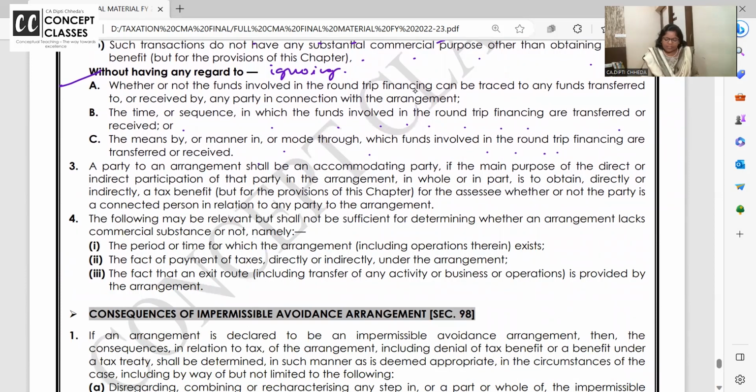A party to an arrangement shall be an accommodating party if the main purpose of direct or indirect participation of that party in the whole is to obtain a tax benefit for the SSC, whether or not the party is connected with any person in relation to any party or not. So all the parties will come into the picture when we know that they are just accommodating purpose, and the main benefit is what?